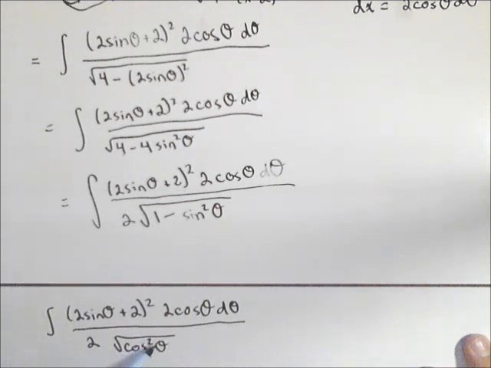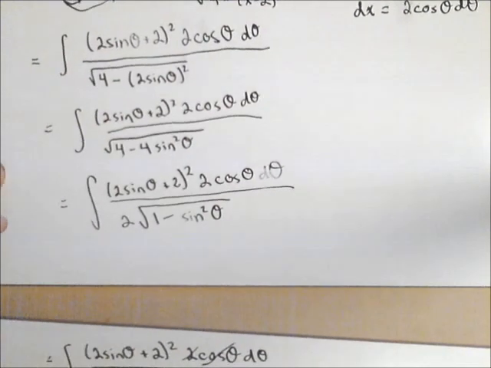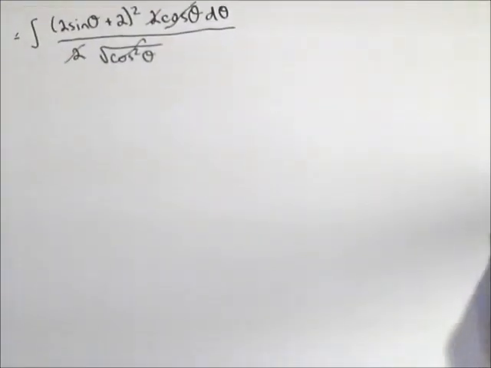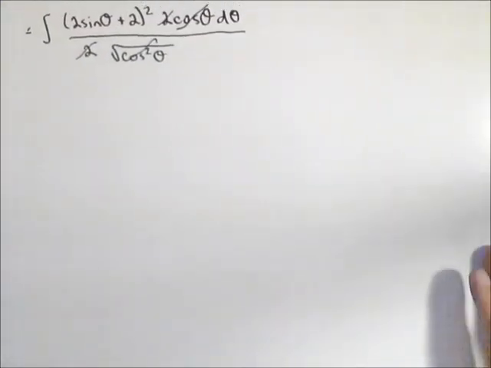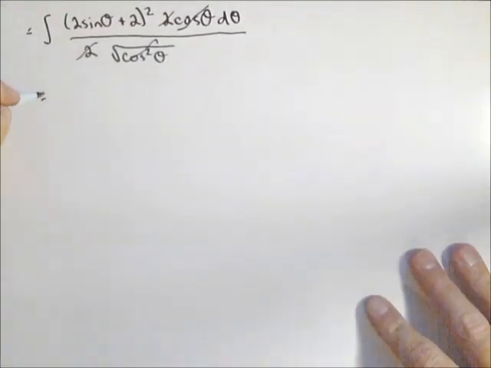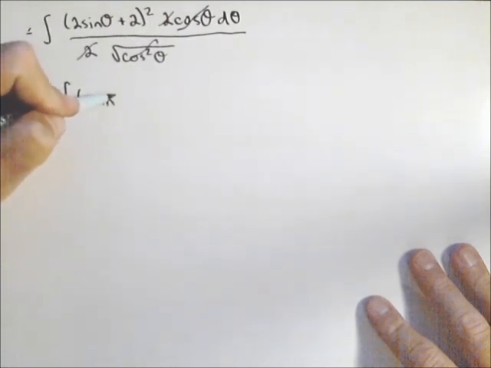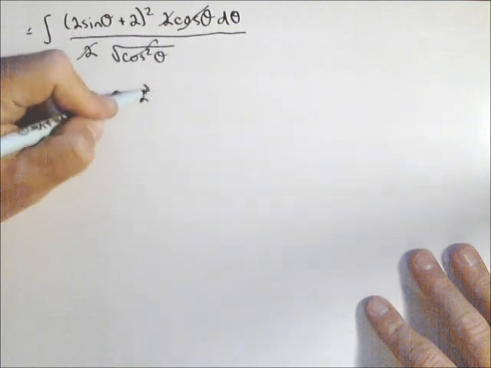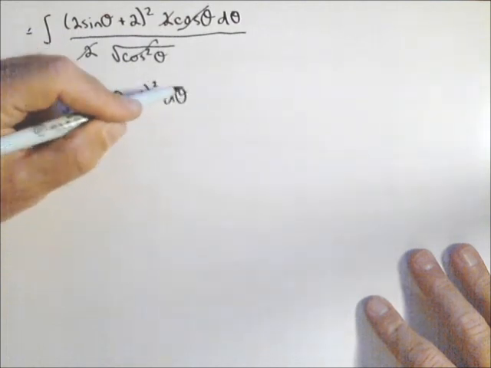The square root of cosine squared theta is just cosine theta, so those cancel. The 2's cancel. So what we get is 2 sine theta plus 2, the quantity squared d theta.